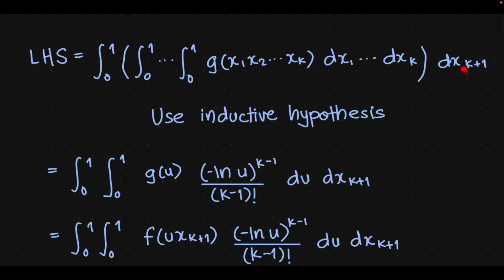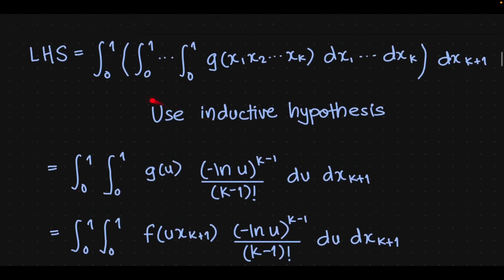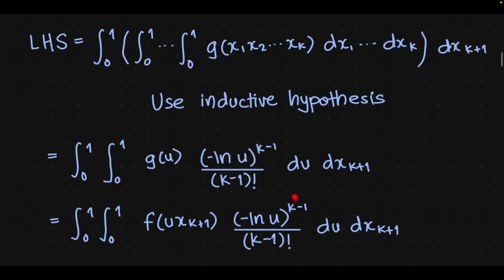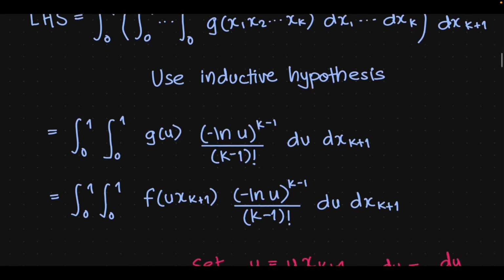And we still have the external integral here, which is on the dx k plus 1. So we have reduced our k plus 1 dimensional integral to a 2-dimensional integral on u and dx k plus 1 just by using the inductive hypothesis.